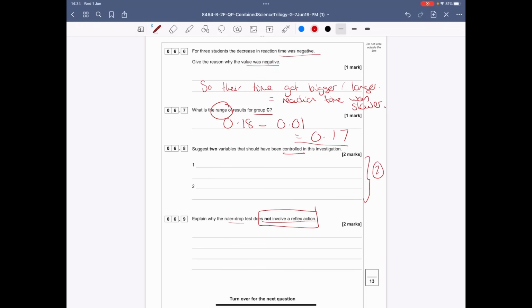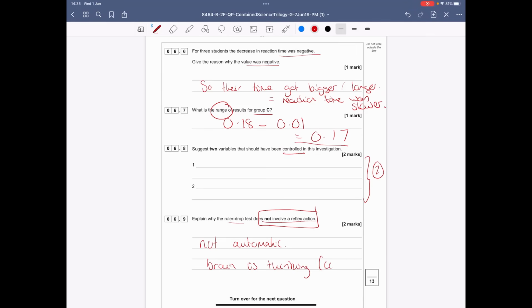Also blinking is an automatic reflex response, we don't think about doing it. However, with the ruler drop test, we are thinking and deciding when we clench our fist to catch the ruler. So therefore we could say the ruler drop test is not automatic because our brain is thinking.